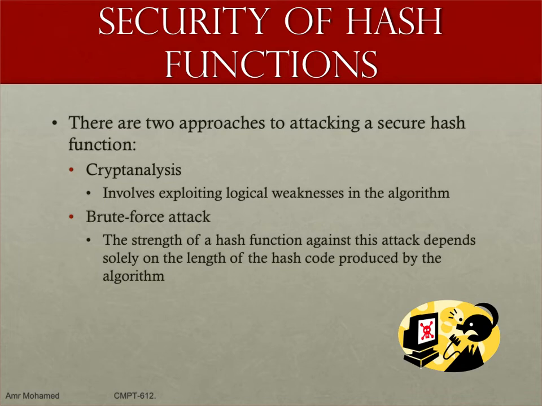So there are two approaches, of course, to attacking a secure hash. If we know any vulnerability in that hash function, then we can rely on this and use cryptanalysis. And I will show you a very, very simple example for this. Of course, in that case, the hash function is not a secure hash function. Okay?